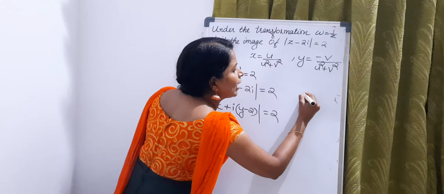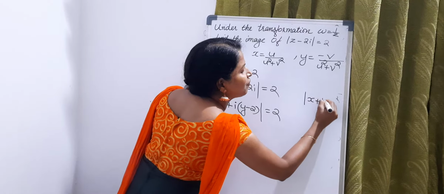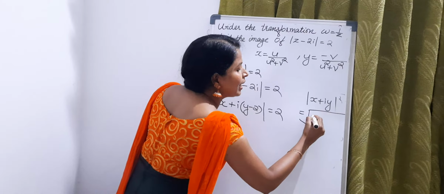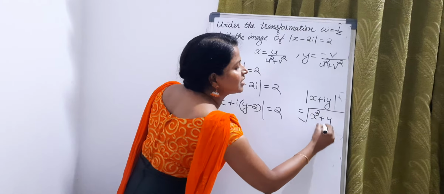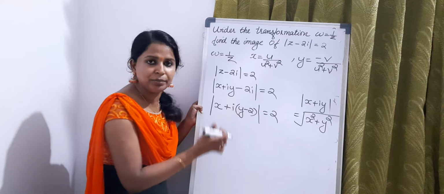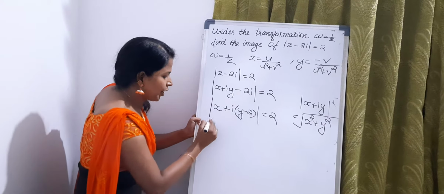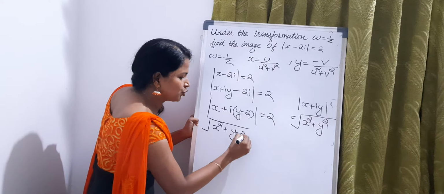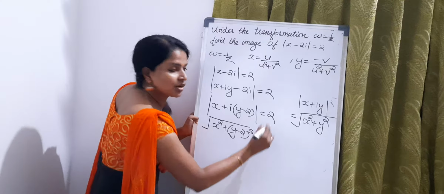We know that modulus of a complex number is square root of real part square plus imaginary part square. So here the real part is x and the imaginary part is y minus 2, so square root of x square plus (y minus 2) whole square equal to 2.